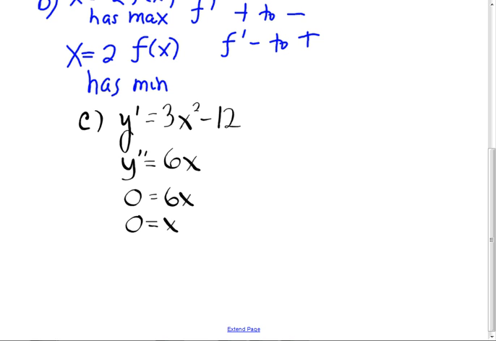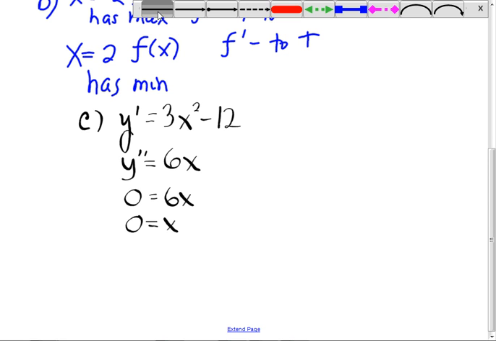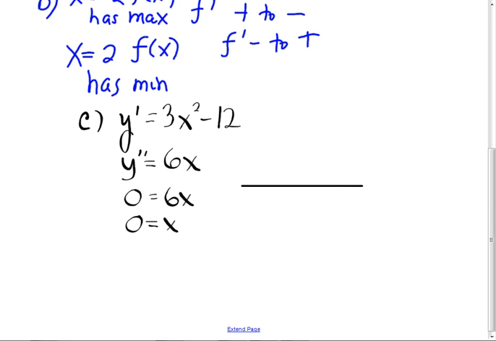So I'm going to draw my little line again. And here's my 0. And it turns out to be nice. That's y double prime. And when I put in a positive number, what's true about the second derivative? It's positive. When I put in a negative, it's negative. So this is a single point. At x equals 0, there's an inflection point.